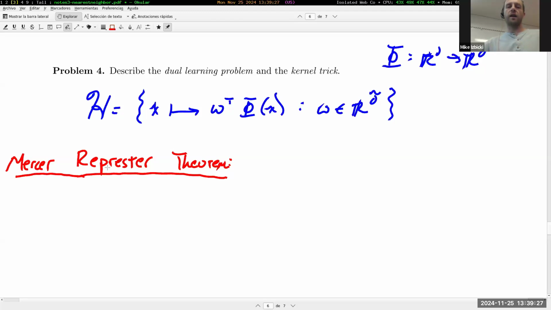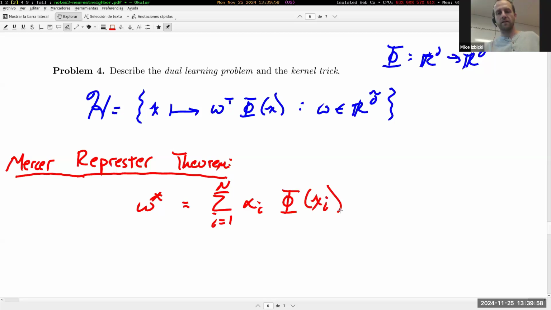But if you see anything in the textbook or anywhere else that uses something like the word representer, it's always this theorem right here. And that is that the optimal w star, the star or asterisk on a variable meaning that it's the optimal one that minimizes, in this case, our in-sample error, you can represent as the sum from i equals 1 to n of alpha sub i phi of x sub i.